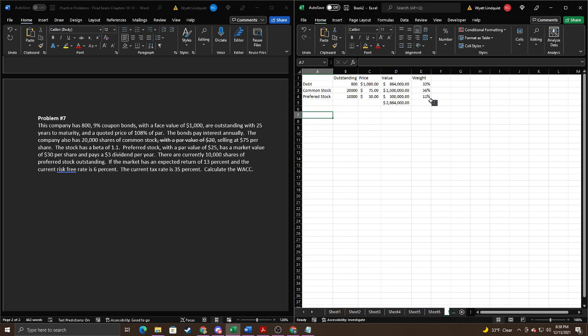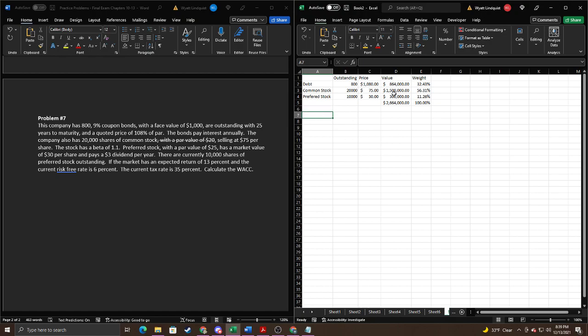And so now we have all the weights. Those should add up to 100, which they don't appear to, but if we add a couple of decimals and we sum it, they will indeed add to 100%. Just double check that they do add to 100%, because that would be tragic if they did not.